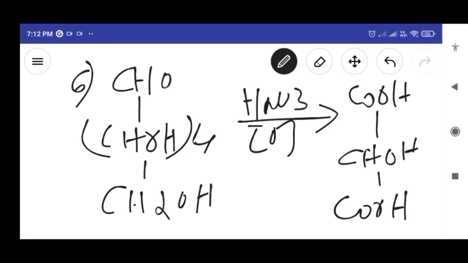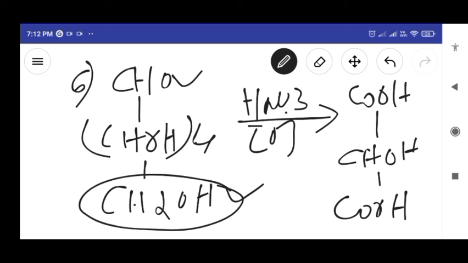From this idea we get to know it indicates the presence of a primary alcoholic group, that is the CH2OH group. With a strong reagent both alcohol and aldehyde will undergo oxidation to give carboxylic acid. So there should be a primary alcoholic group.